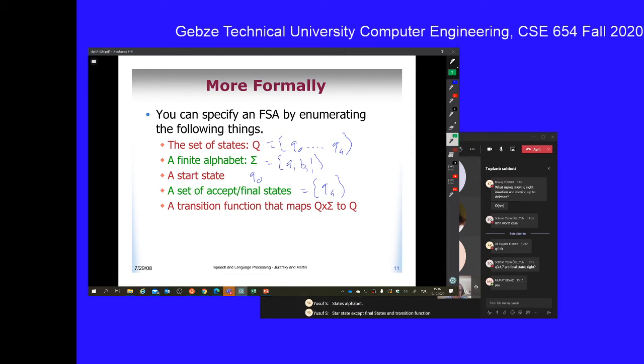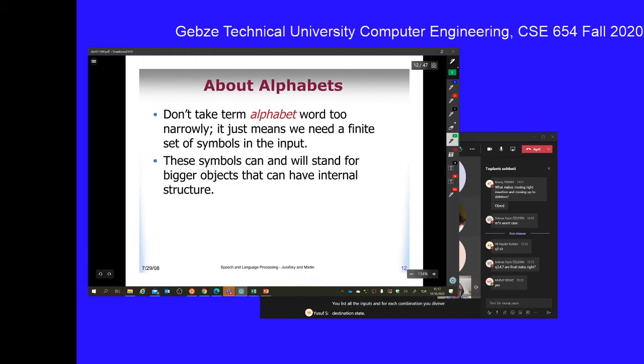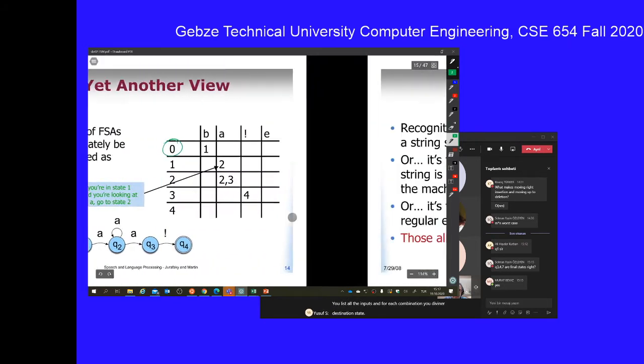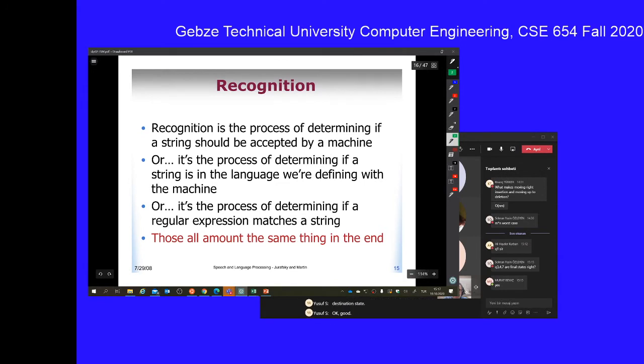That table is our transition function. It maps two dimensions to one dimension. For each state, you list all the inputs, and for each combination, you define a destination state. That's how we do the recognition.